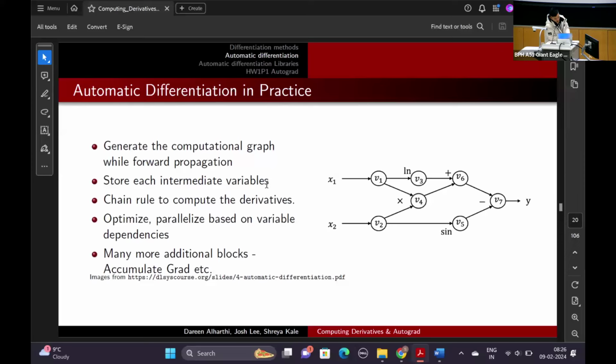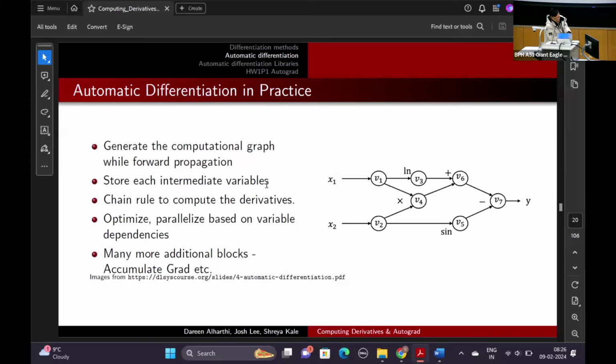All right. So with this automatic differentiation approach, in order to build up the DP-like approach, we will need to generate what's called the computational graph of this whole function. And by the whole function, I mean the neural net. While we perform forward propagation, so basically the forward pass, we will need to store each intermediate variable, so basically all these V3, V4, and V6 over here.